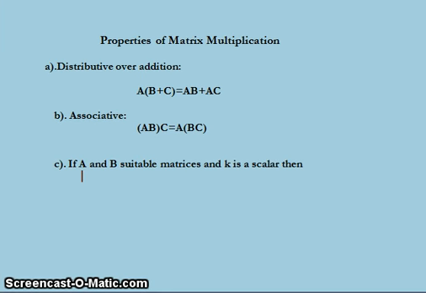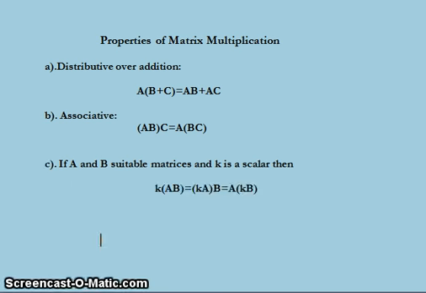The next property states that if A and B are two suitable matrices and K is a scalar, then the product AB multiplied by the scalar K gives a value which is equal to A multiplied by the scalar K, which is then multiplied by the matrix B.